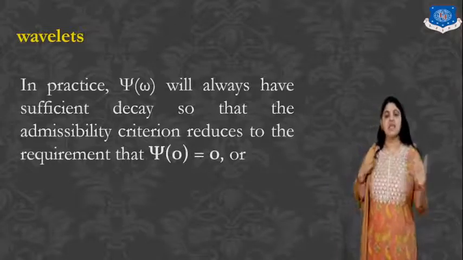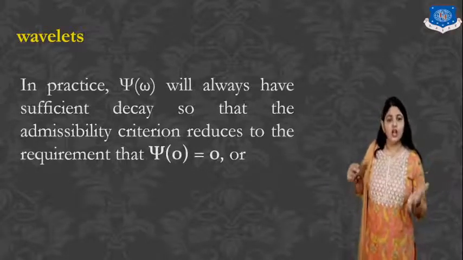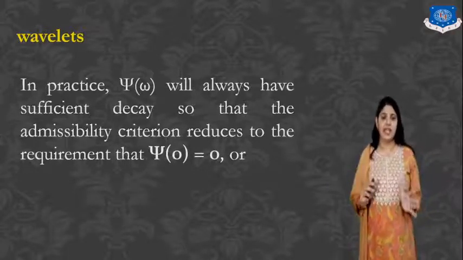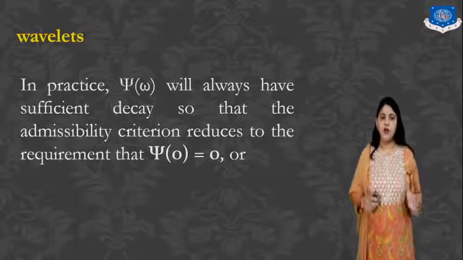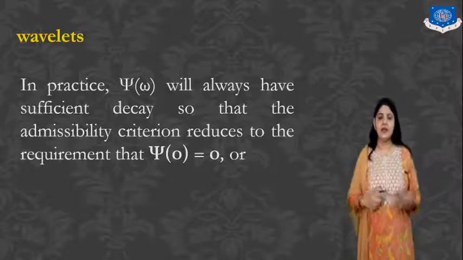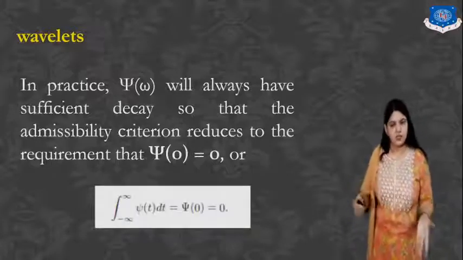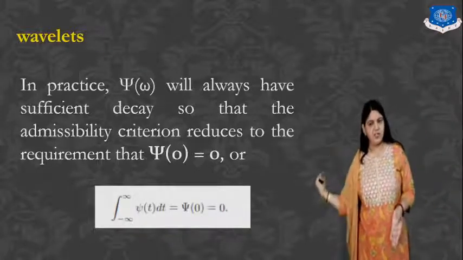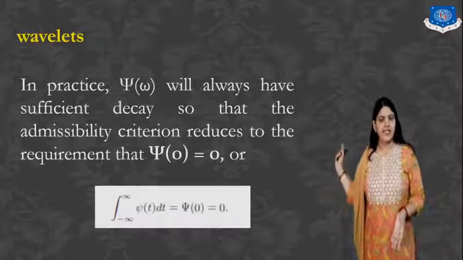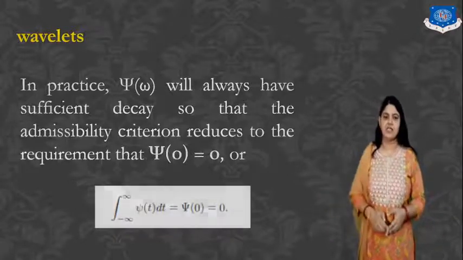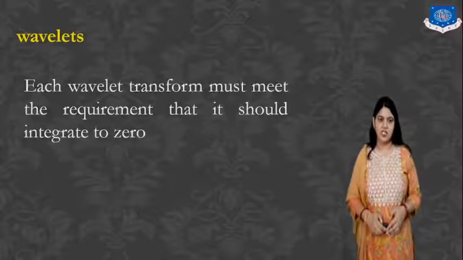In practice psi(omega) will always have sufficient decay, and therefore the admissibility criterion reduces to the requirement psi(0) equals 0. So the integral from minus infinity to infinity of psi(t) dt equals psi(0), which is equal to 0.